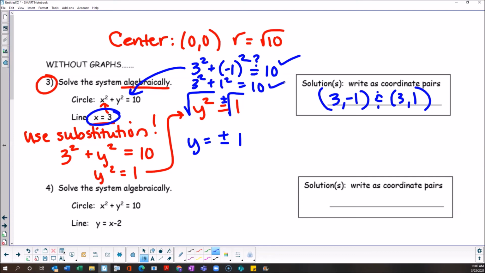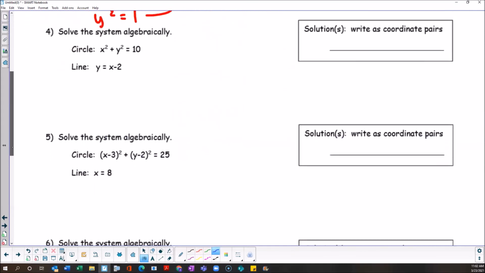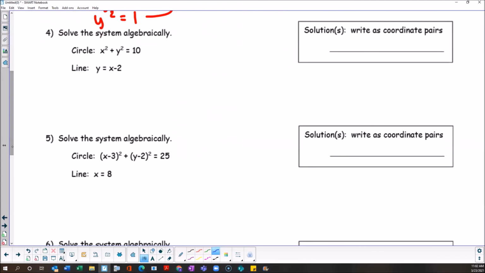All right. On Delta Math, you do have 3 problems at the very end that are kind of complicated. And they require that you use substitution, just like we did above. But they're giving you an equation of a line instead of just saying x equals 3 or y equals 2 or something easy to use.